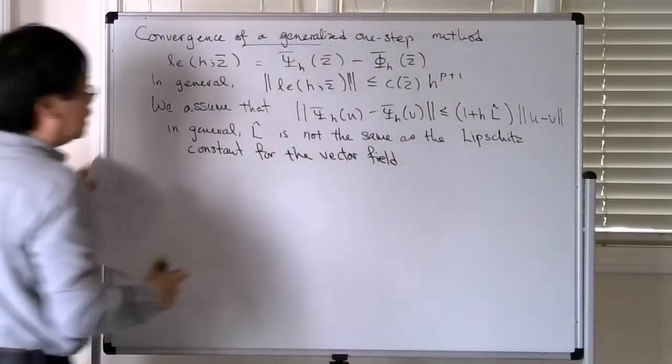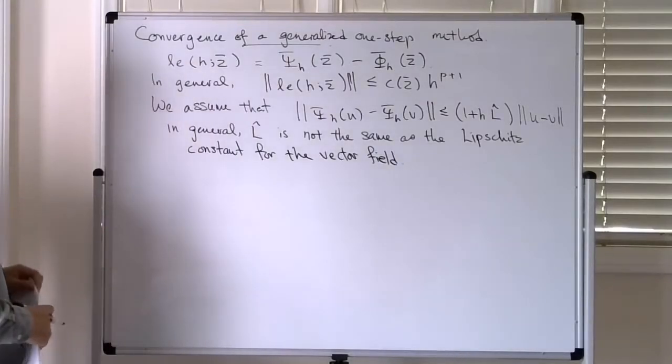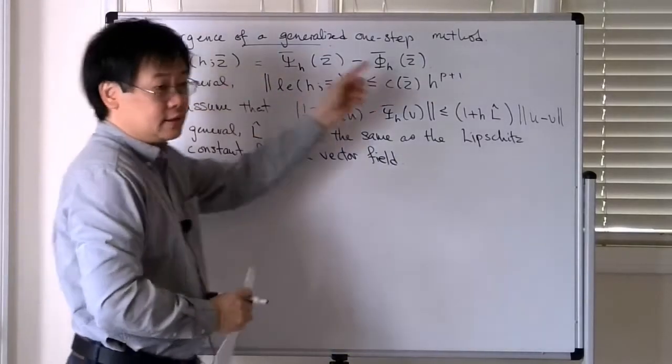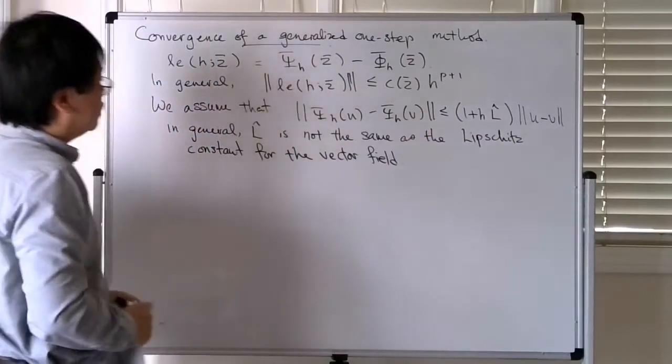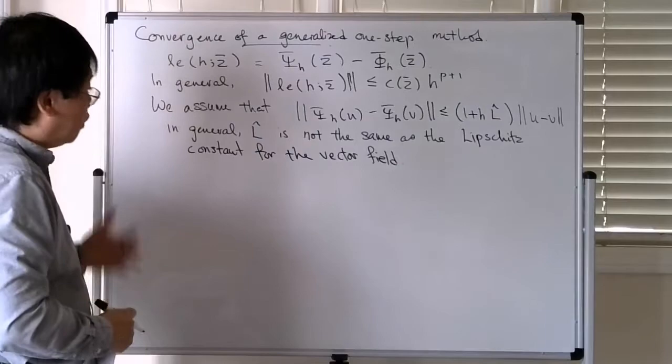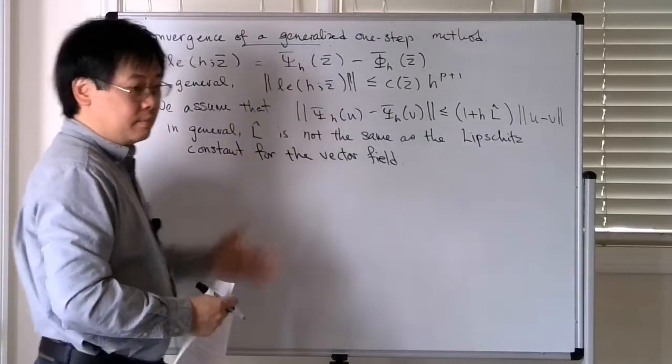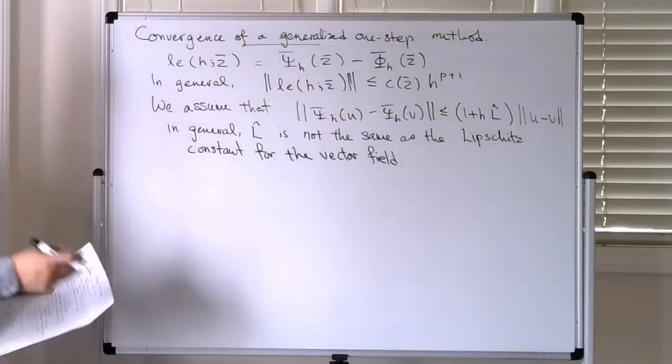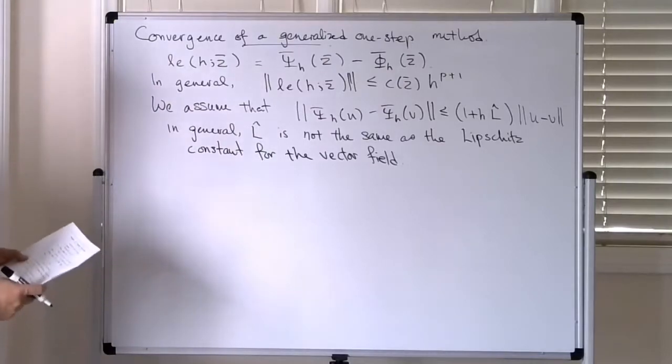I should say that in this abstract setting, there are estimates you need to establish for your specific one-step method. But once you've formulated it in this way, you can apply this general framework for proving the convergence of the one-step method.